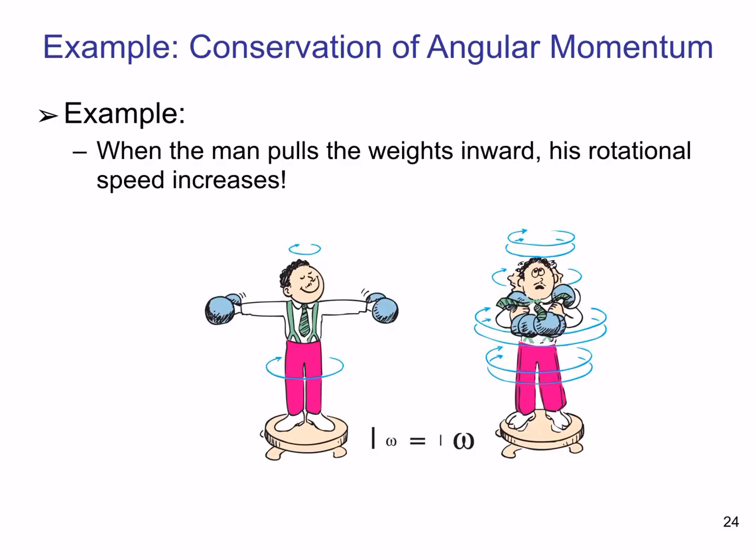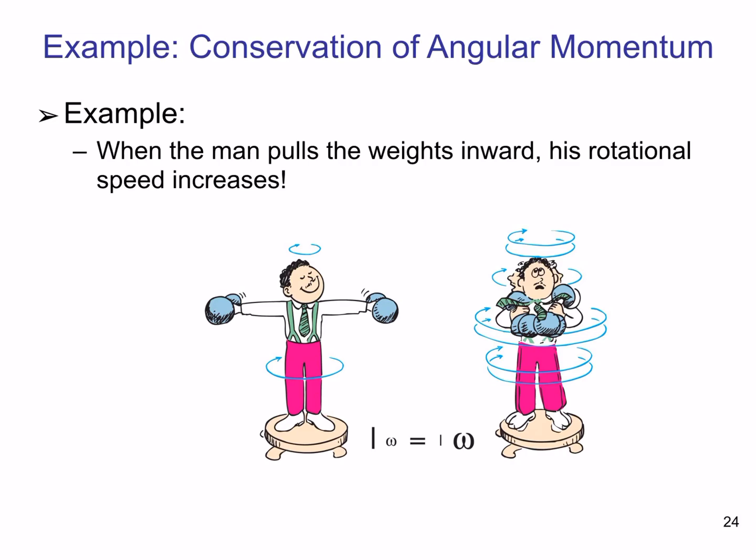The classic example of this is an ice skater who may start out with a large rotational inertia by extending her arms, or as this cartoon portrays, a person standing on a rotating platform holding dumbbells extended on each arm. Just like that red rod that we were discussing, this mass is now distributed far away from the rotational axis, and it's going to be more difficult to rotate. So the rotational inertia is high for this kind of setup.